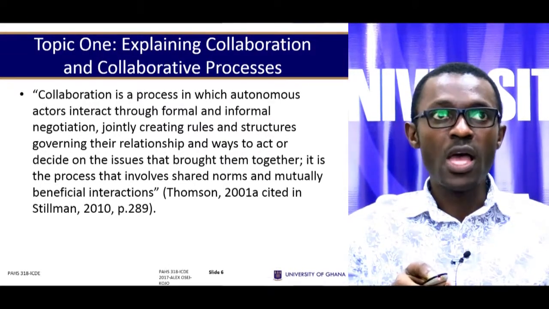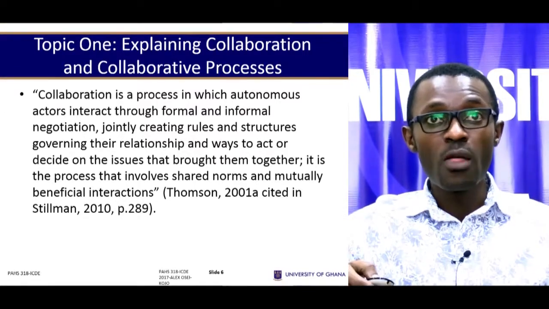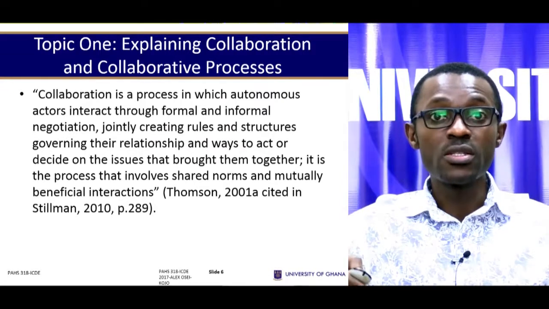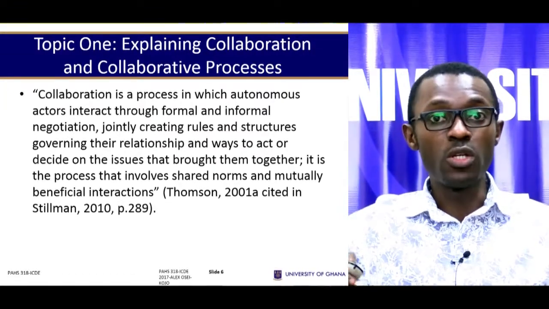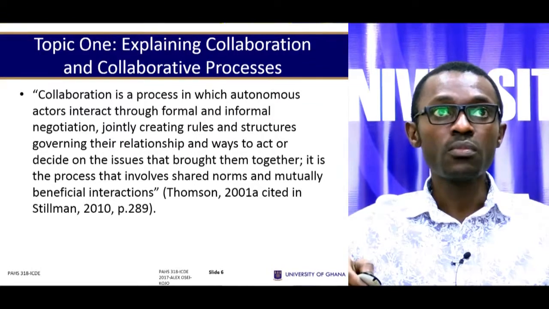involves autonomous actors. In other words, the actors that come together to embark on a collaborative effort are independent in their own right. They do not necessarily depend on each other, but they come together to depend on each other because there's a problem that confronts all of them.